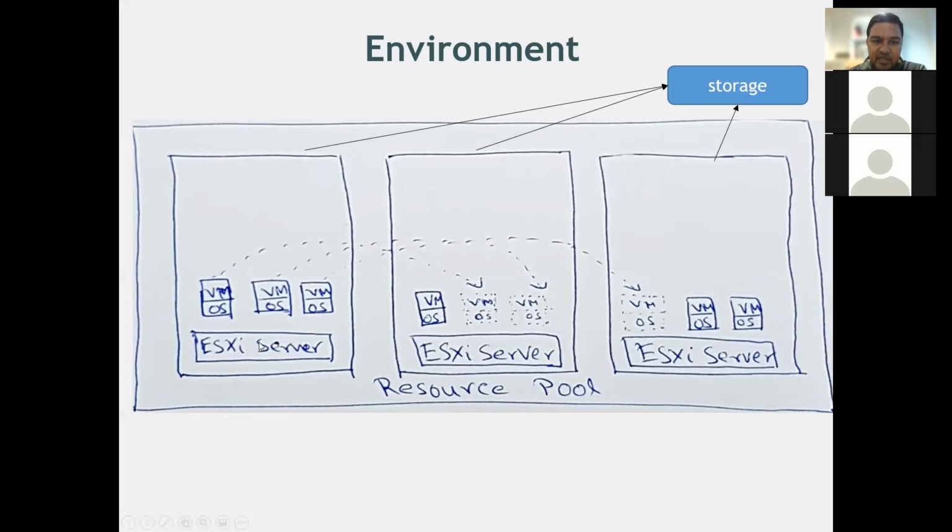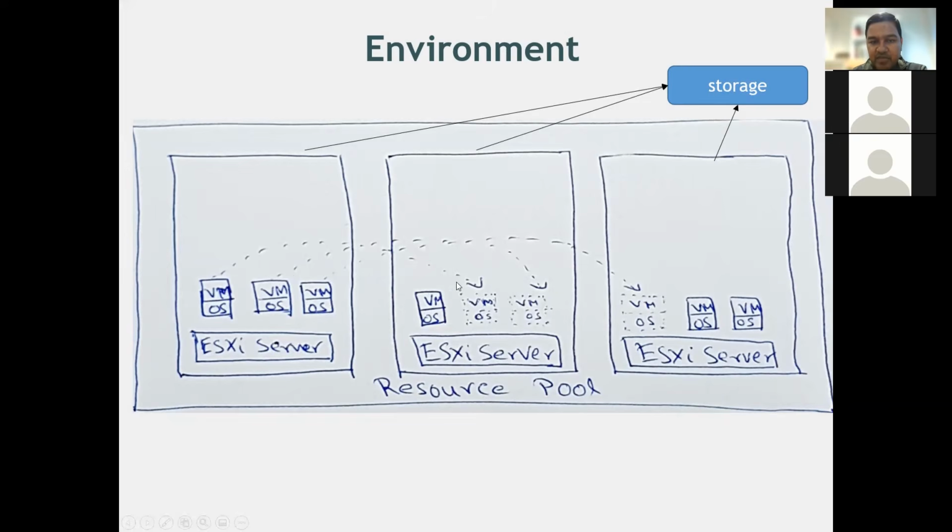So you can see that this is the ESXi server, and it has 3 VMs running. The other one has 1 VM running. This third one has 2 VMs running. If this host crashes, then all these 3 VMs can be shifted to the other clustered hosts. So this VM can go here, this VM can go here, and this VM can go here.